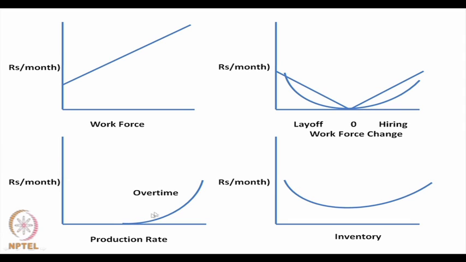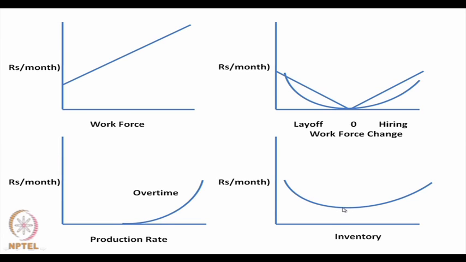When one pays overtime to increase production rate, then also the cost goes up, and that also can be approximated as quadratic. And inventory normally has a minimum cost at a particular value of inventory.